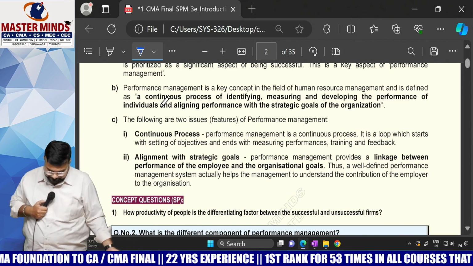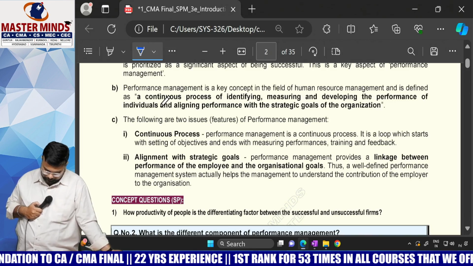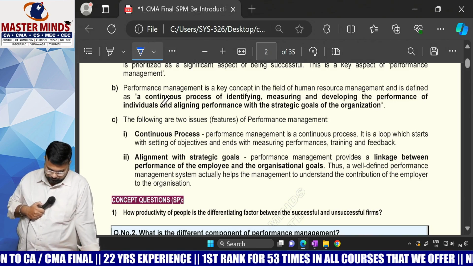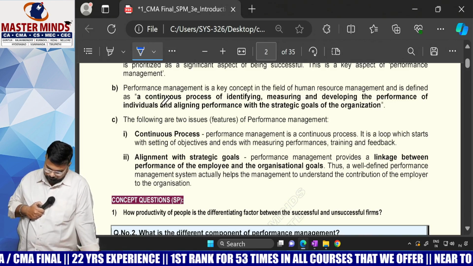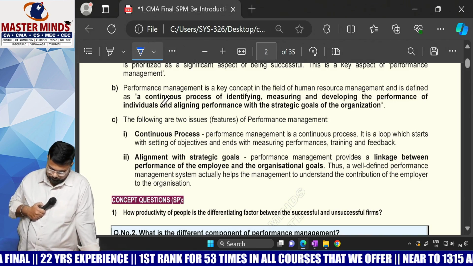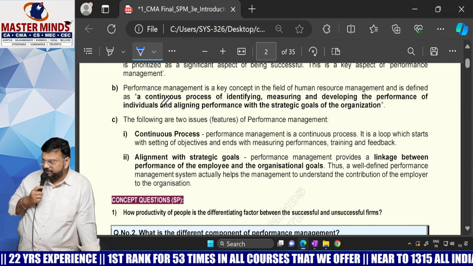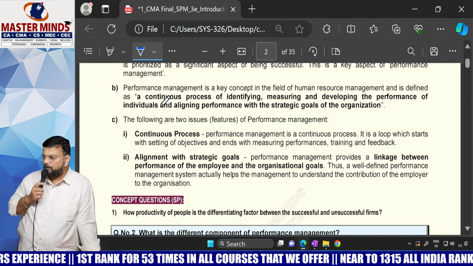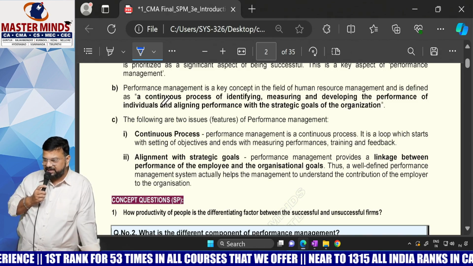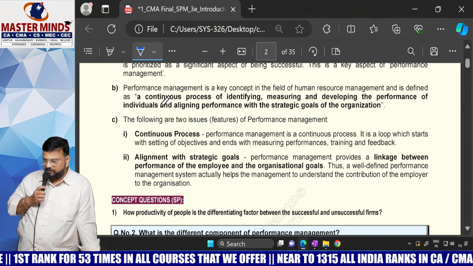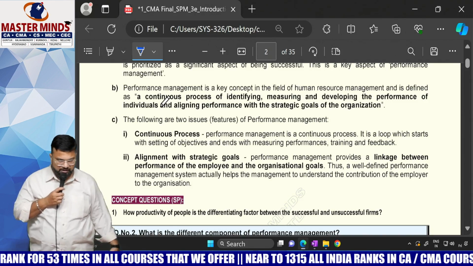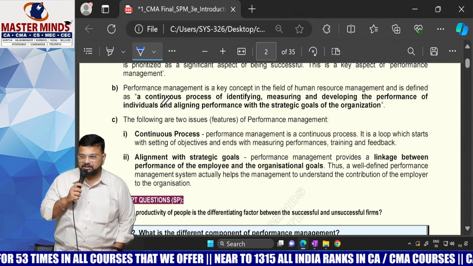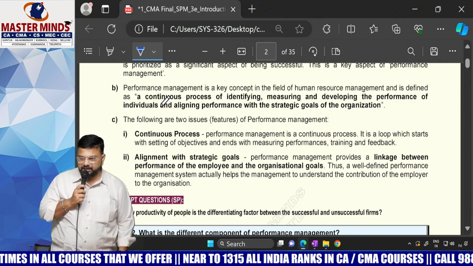Read it, Nana. Continuous process. Performance management is a continuous process. It is a loop which starts with setting of objectives and ends with measuring performance, training and feedback. I think in the last class I have explained it, Nana. Basing on the objective, the management will define certain steps. And when defining these steps, management will sit with the employees. That is called performance planning, isn't it?